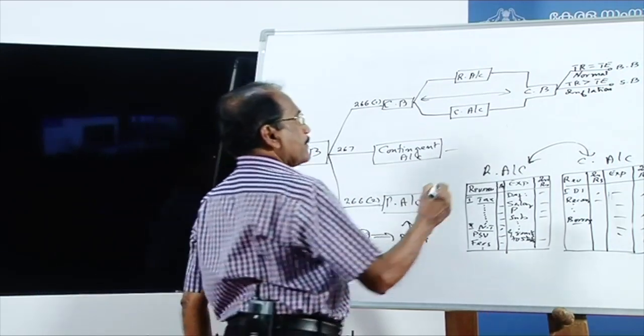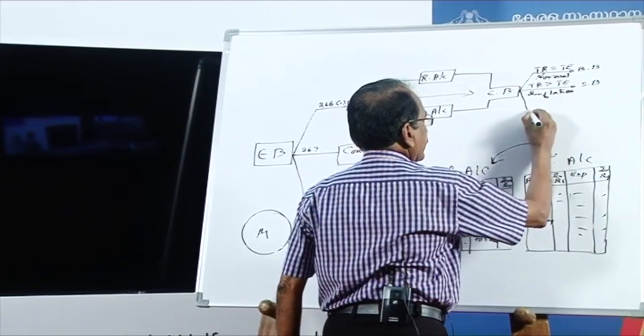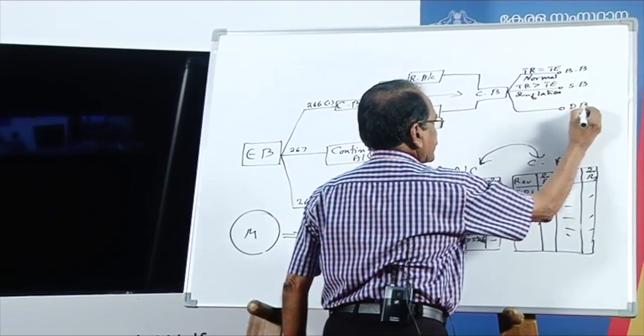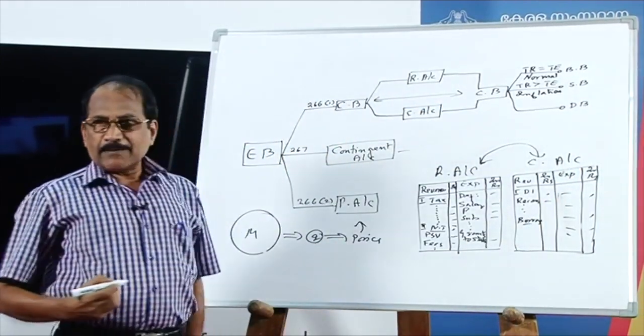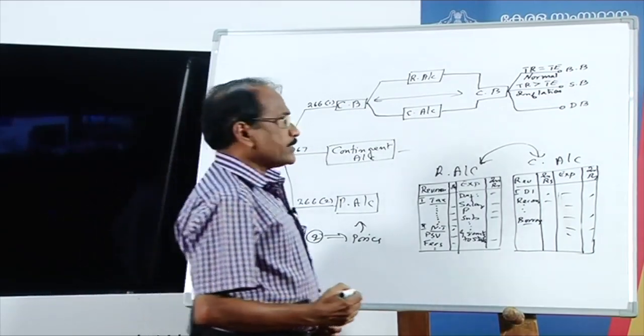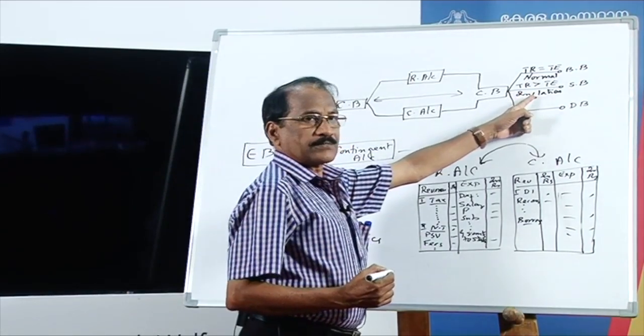On the other hand, a budget can also be a deficit budget. What do you mean by deficit budget? Opposite of this surplus budget.